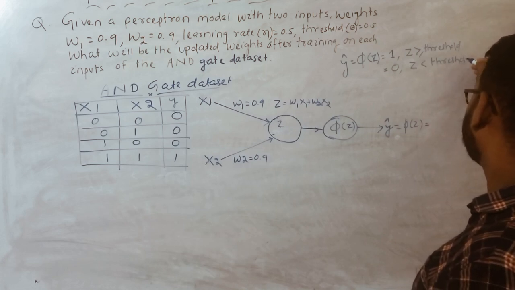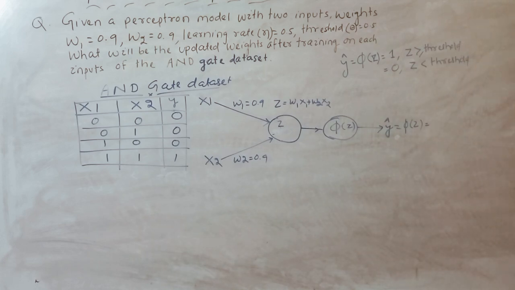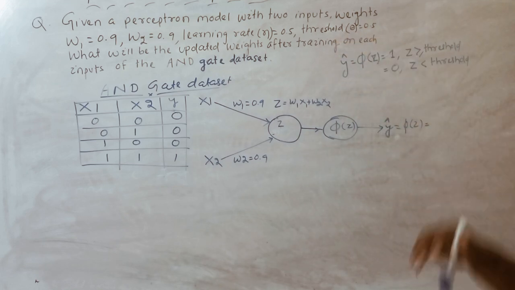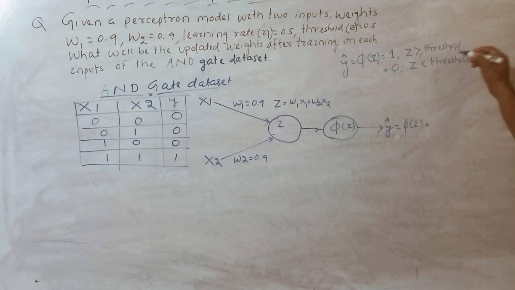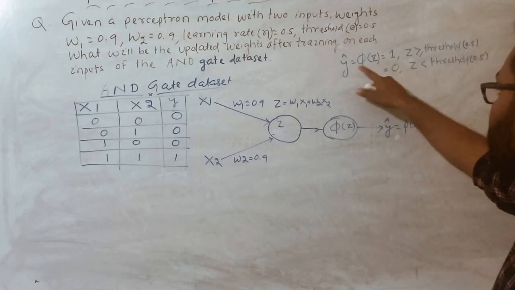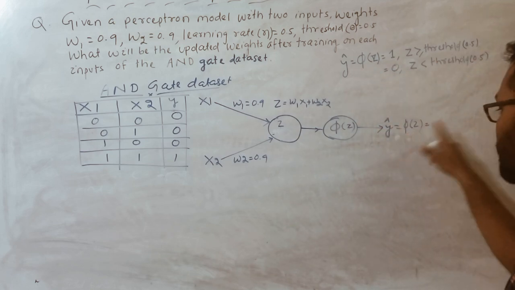In this case, check what the threshold is. The threshold is 0.5, so I can replace it here. So with threshold value 0.5, if the z value is greater than 0.5, my y output is equal to 1.